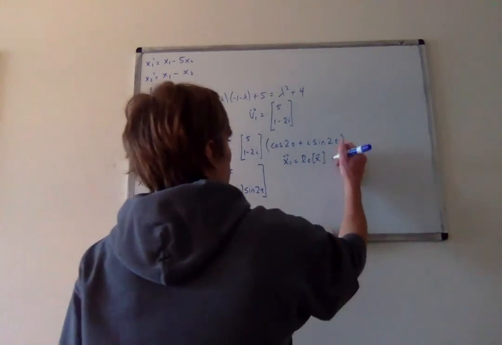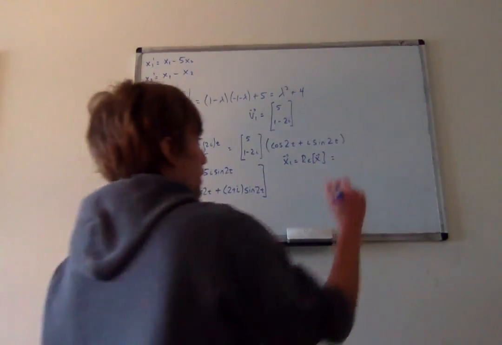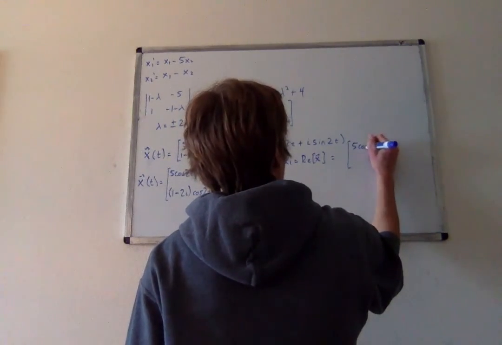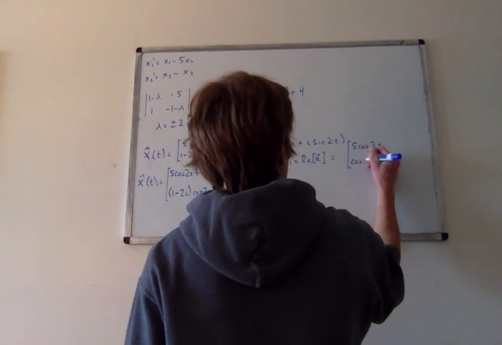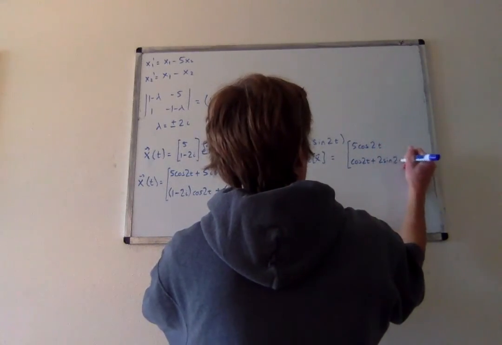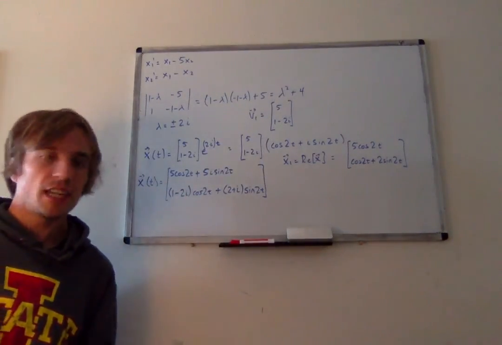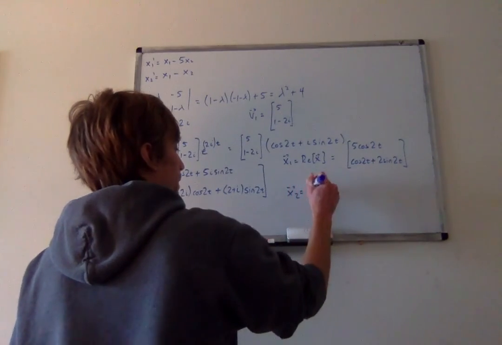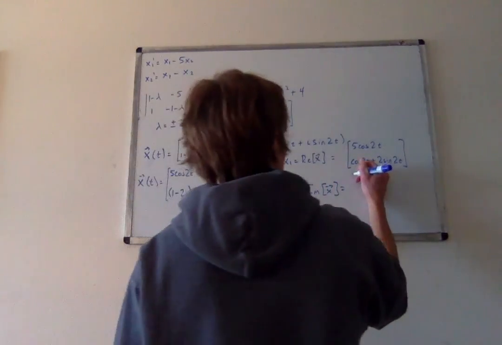So the real part here is just the vector corresponding to all of the real valued entries, or real valued coefficients, I guess I should say, with sine 2t and cosine 2t plus 2 sine 2t. So notice it's all of the terms not containing i.